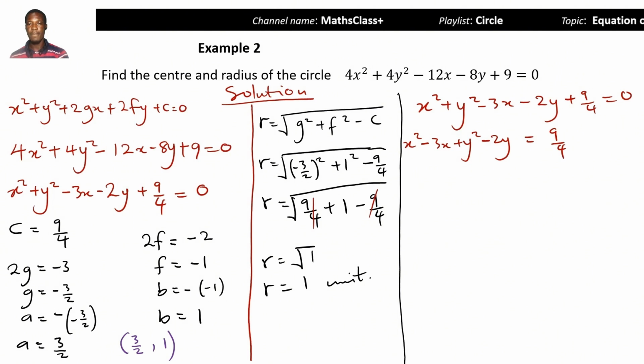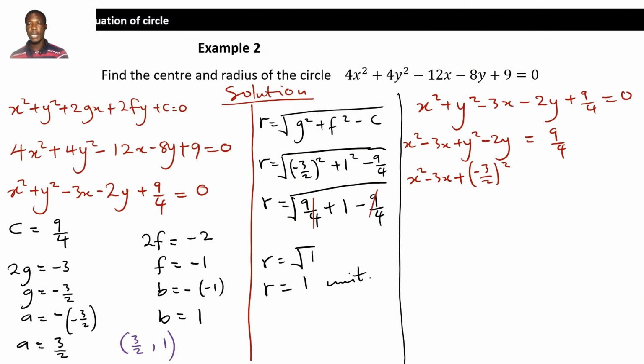So I'll have x squared minus 3x. Now if I take the coefficients of x and divide by 2, that will be negative 3 over 2, and I square the result, that will be negative 3 over 2 squared here. Remember, when you square the result, do not open the brackets. Let it remain as a base and its exponent.